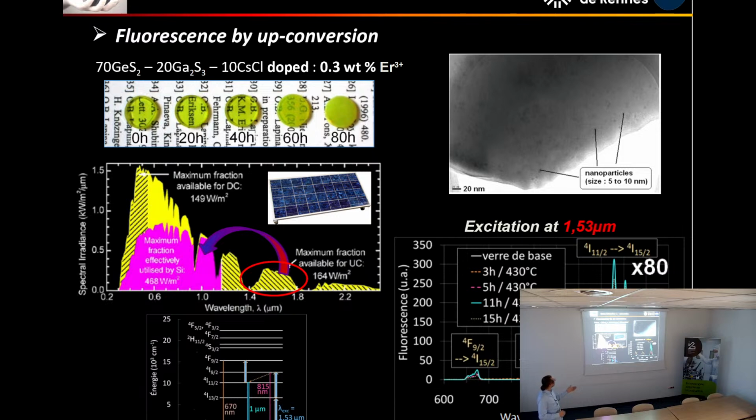The idea here is to use chalcogenide glass as a host for the rare earth, because chalcogenide glass has very low phonon energy, so it's a good host for rare earth. And the idea is to use wavelengths which are not absorbed by silicon in order to make some electricity. It's lost and it has just been absorbed by silicon.